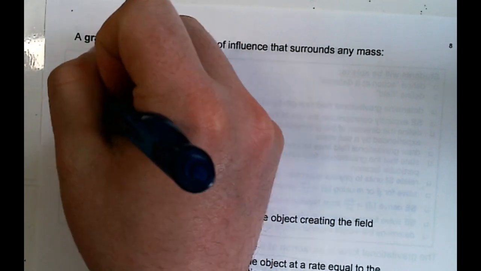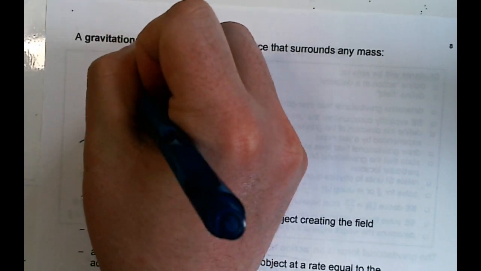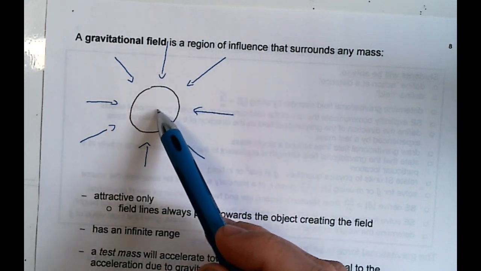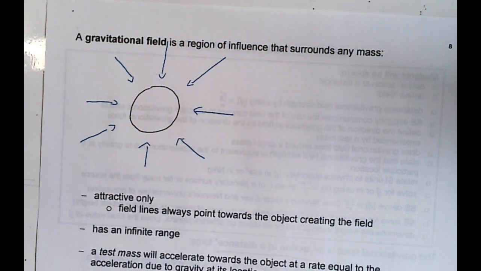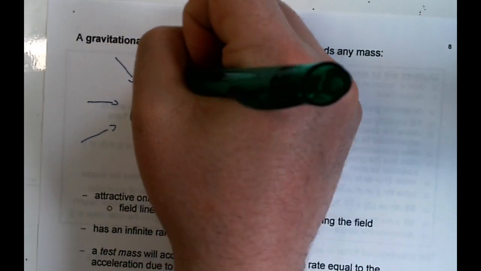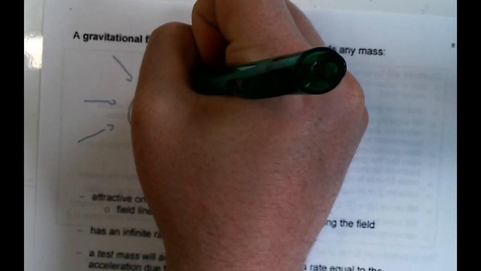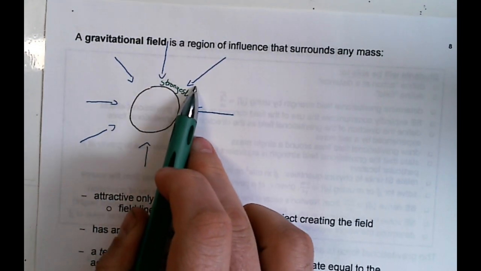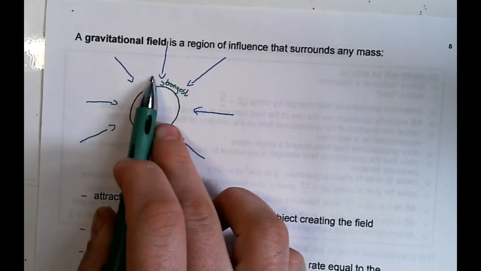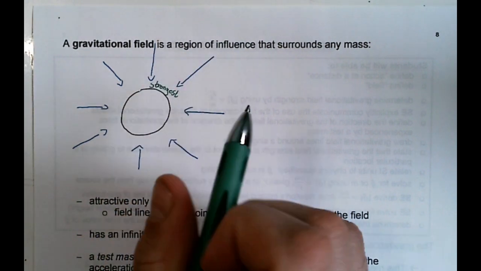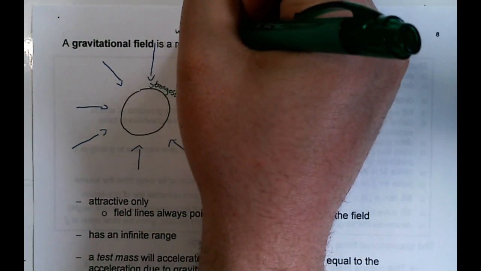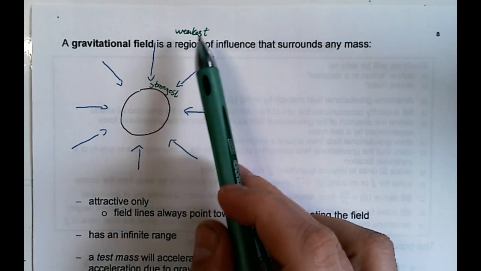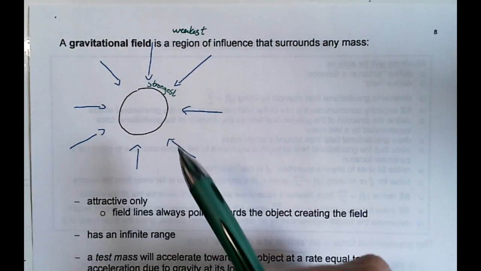It is not a flat surface, despite what some people say on the internet. It is going to have the strongest pull closer to the surface. Here you can see that the field lines are very close together, relative to out here, where they're much further apart, so it's going to be weaker out there. It's weakest further away, strongest closer.